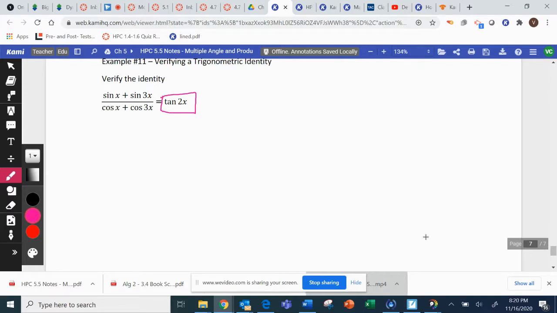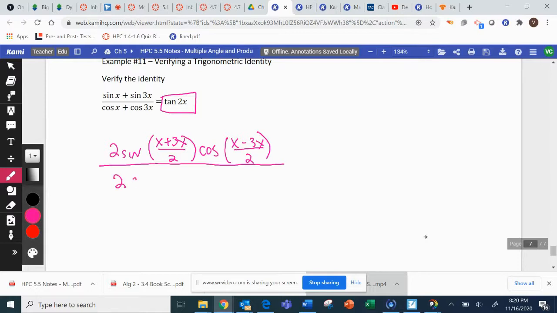So sine x plus sine 3x is going to be 2 sine of x plus 3x over 2, cosine of x minus 3x over 2. I'm going to do the exact same thing with the bottom, only it's the cosine plus cosine, which is the third formula in that box.